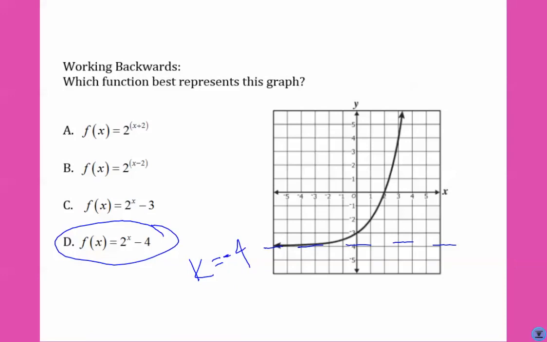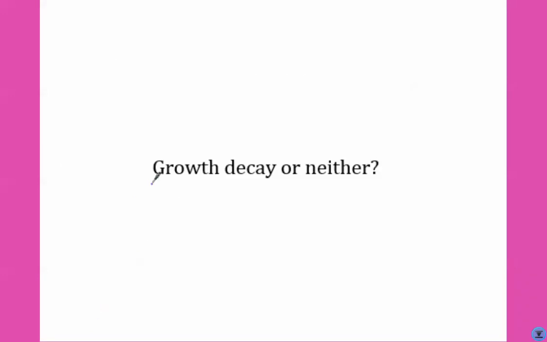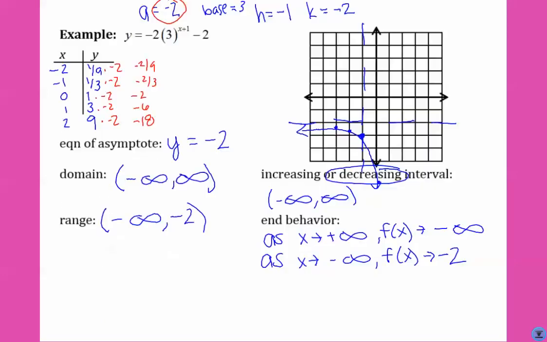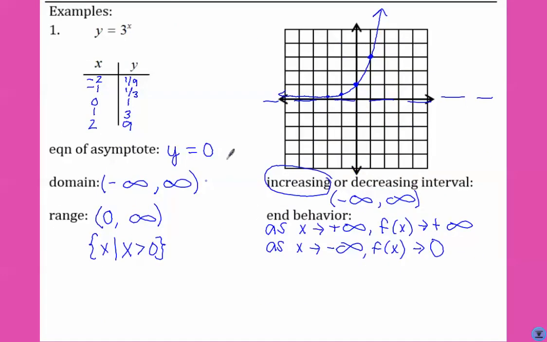One last thing we're going to talk about is, are these graphs growths, decays, or neither? So let's go back to our first example. If you looked at this graph, would you say this graph is growing or decaying? As we moved from left to right, it goes up, so this one is a growth function.